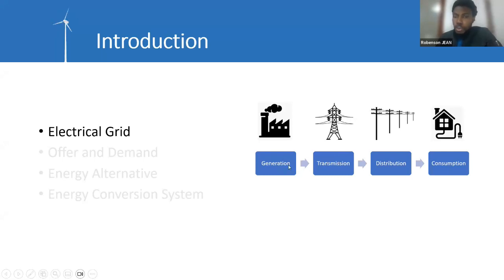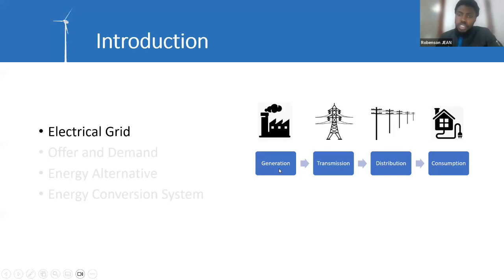Because the place where we can generate is not usually the place where people live, or where people live may not be the place where there is the energy potential. Therefore, we need to build all of that infrastructure.